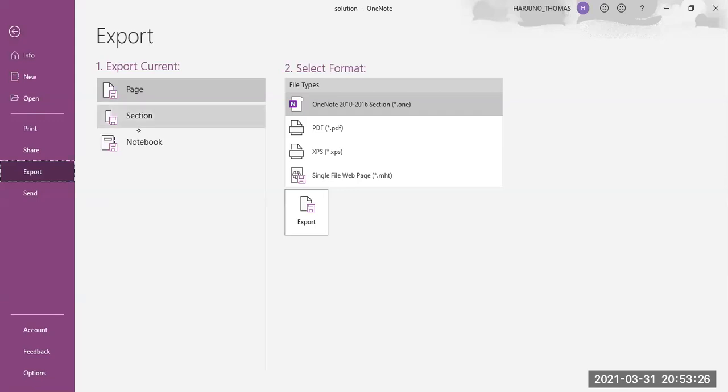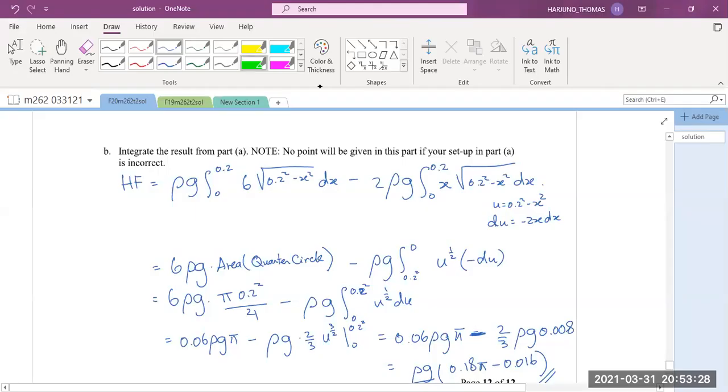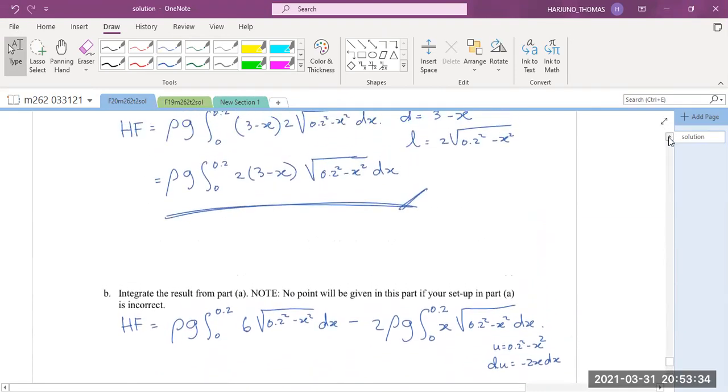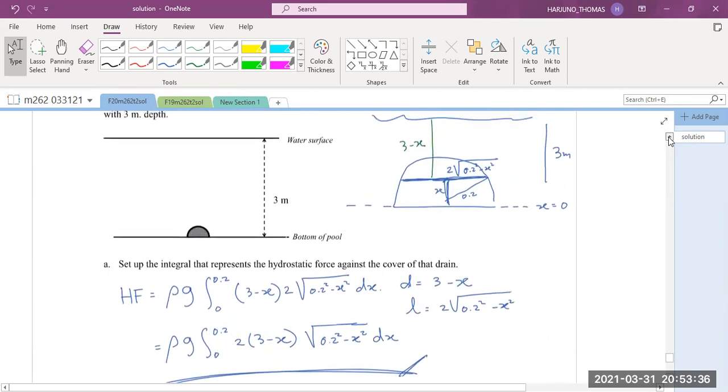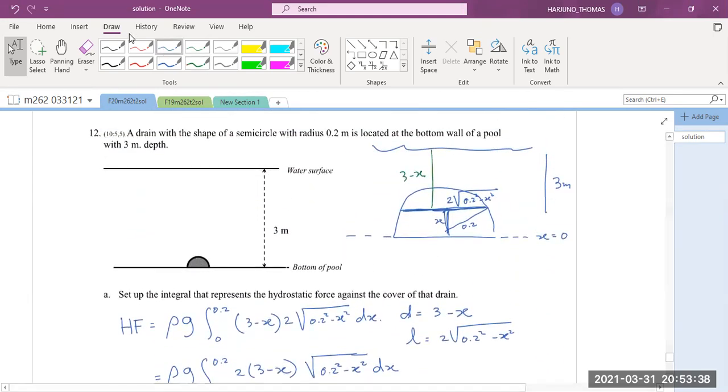You don't understand where the 2 is coming from in the length of the semicircle. Okay, let's go back. Let's see this one here. So in this triangle, this is one of the legs of the right triangle.